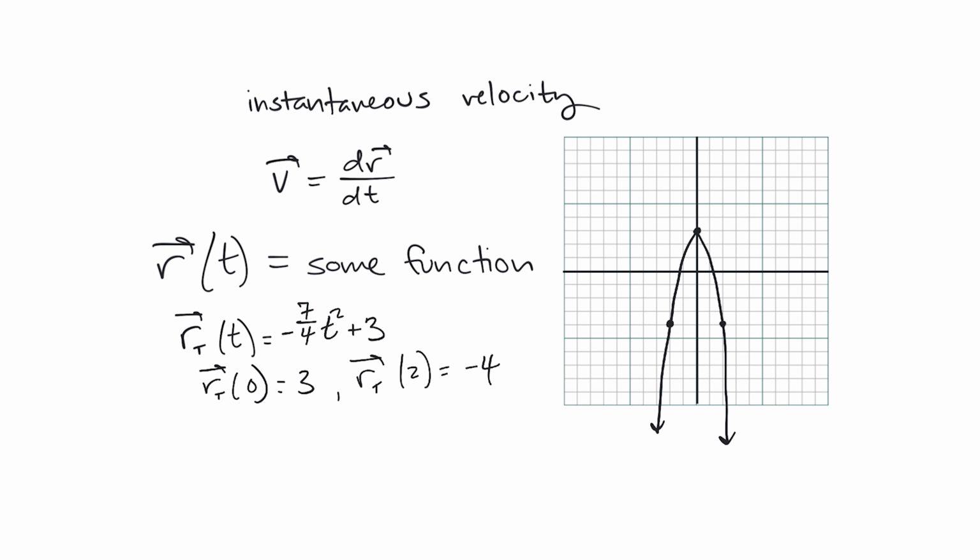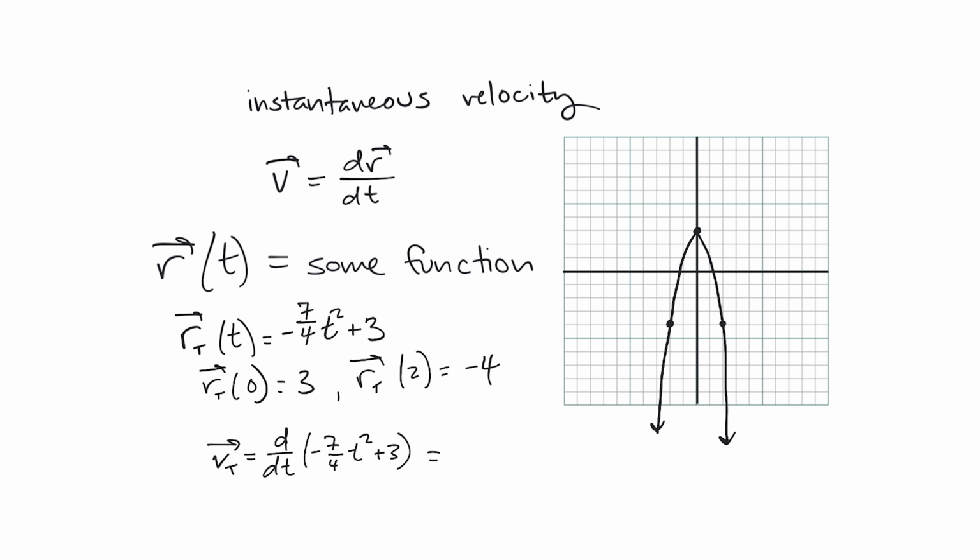But if we look at our velocity, it's always changing with the toucan because we said velocity is slope. So in a quadratic, the slope there is always changing. But to find the instantaneous slope at any place, we use a derivative. So the velocity function for our toucan is the derivative with respect to time of negative 7/4 t squared plus 3.